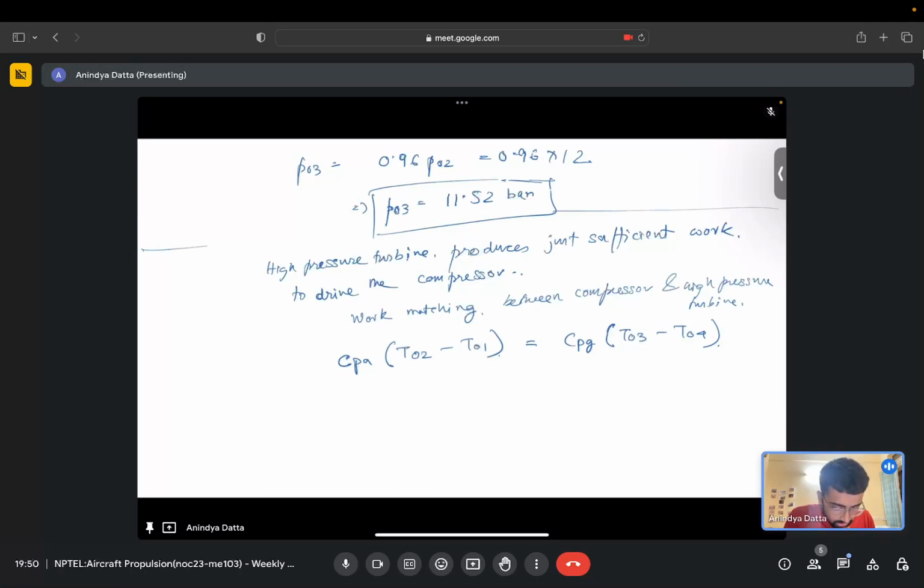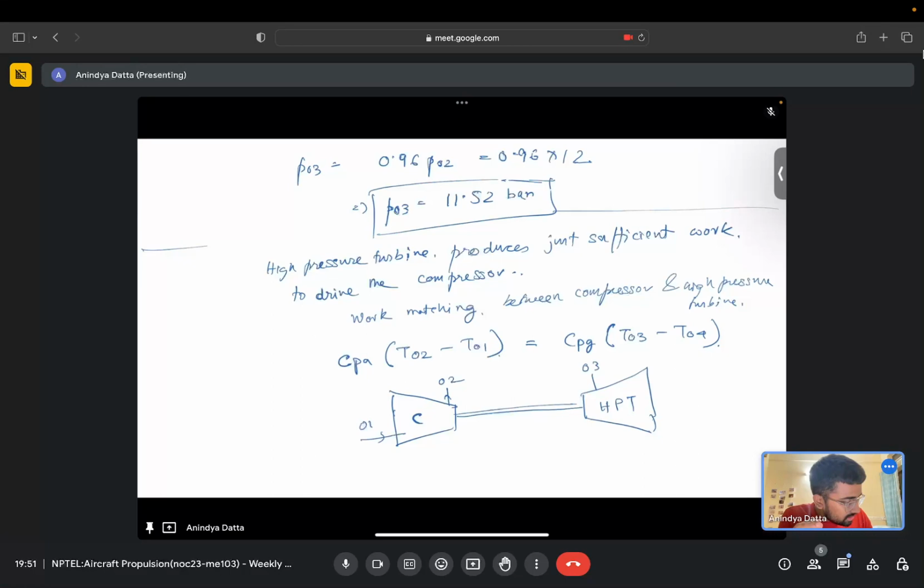Now there is one more thing. This is your compressor and this is your high pressure turbine, with state points 01, 02, and 03, 04.